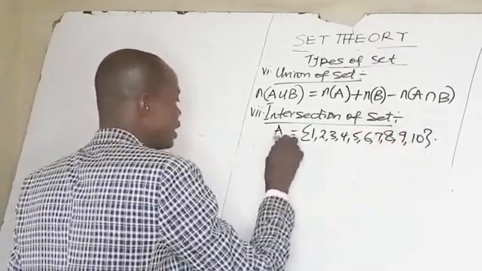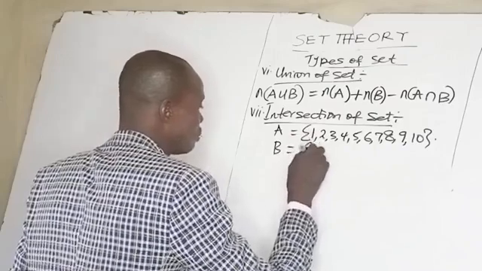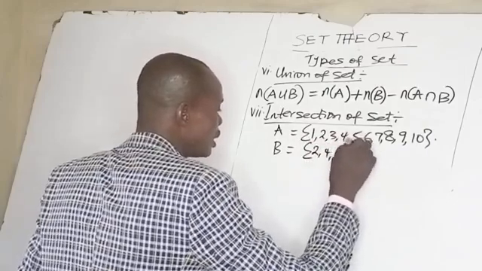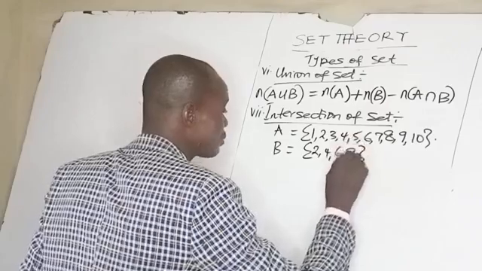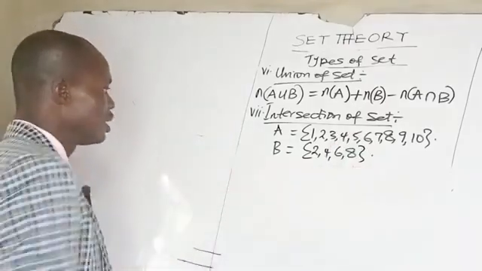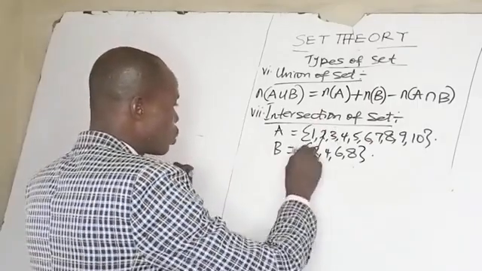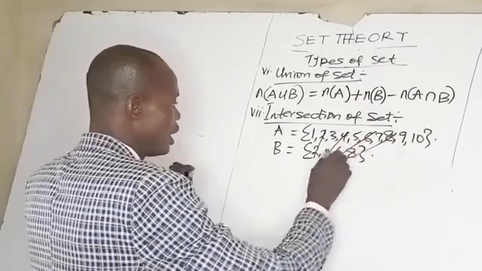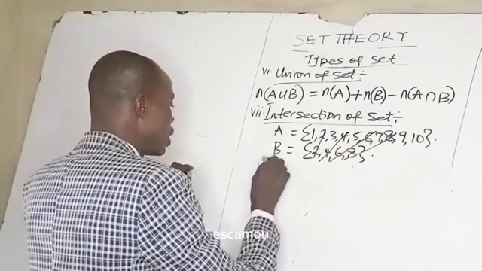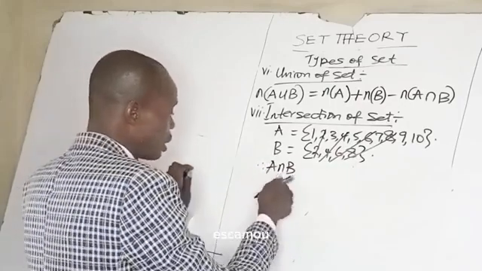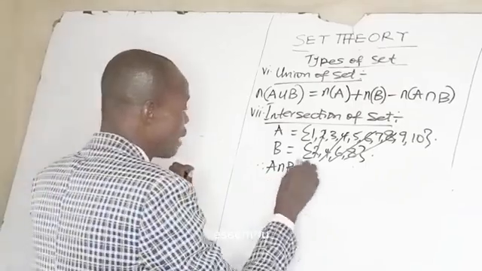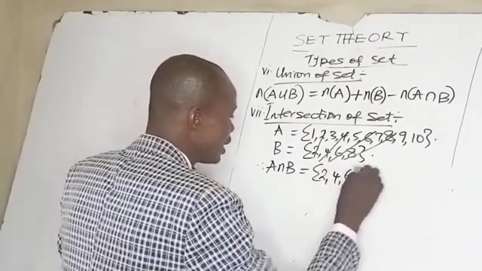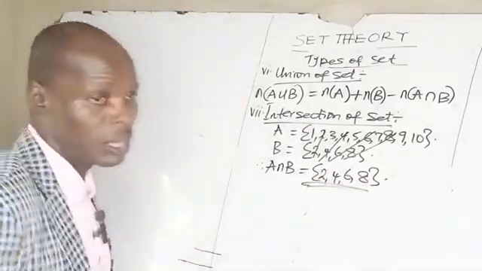And set B are even numbers between 1 and 10, so we have 2, 4, 6, 8. So 2 is common to A and B, 4 is common, 6 is common, 8 is common. Therefore, the intersection of sets A and B, A intersection B, is written like this. It is the elements that are common to both: 2, 4, 6, and 8. That is their intersection.